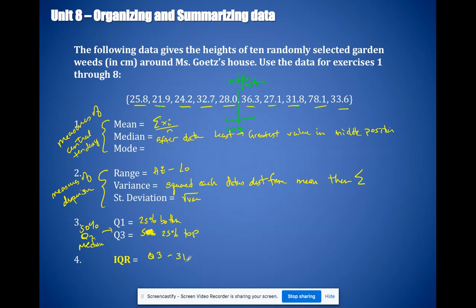It's the range of your middle 50%. Right below quartile 1 is your bottom 25, above quartile 3 is your top 25. So between quartile 1 and quartile 3 is the range of 50% of your data. Good information to have.